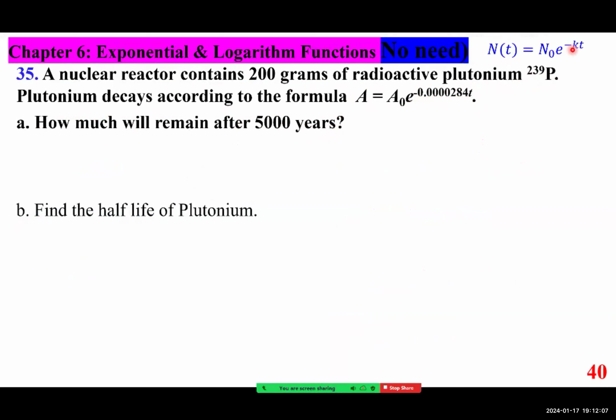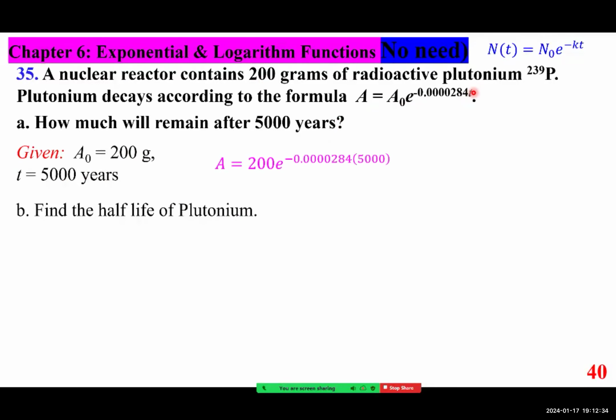And by the way, the exponential growth, you remember that now? This is in essence the exponential decay. That's why we have the negative sign, like N of t equals N sub 0 e to the power minus kt. So what happens is that the initial amount is 200 grams and t is 5,000. So basically you replace this with 200 and t with 5,000.